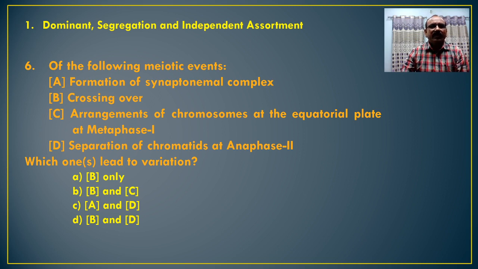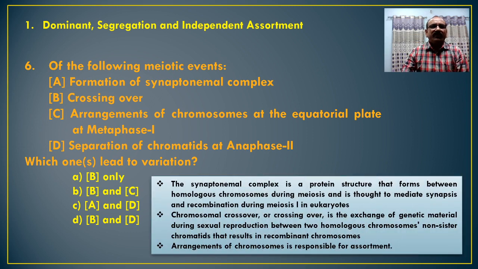Now, we see the first one, the formation of the synaptonemal complex. What does it say? The synaptonemal complex is a protein structure that forms between homologous chromosomes during meiosis and is thought to mediate synapsis and recombination during meiosis 1 in eukaryotes.